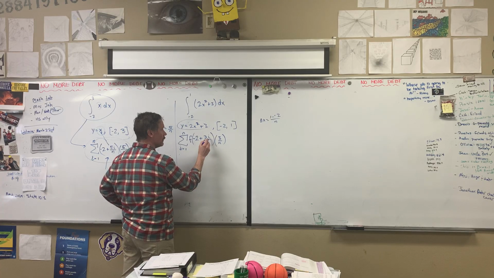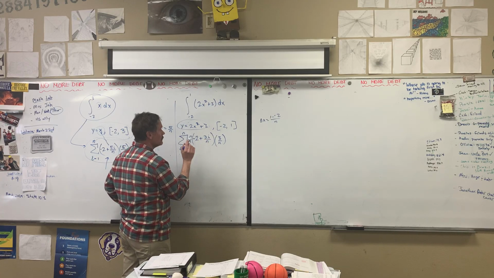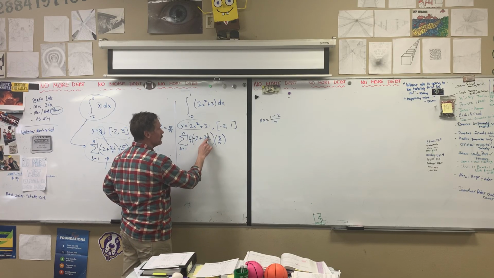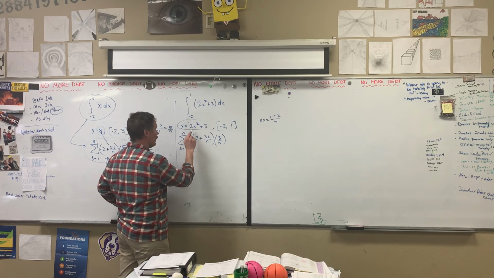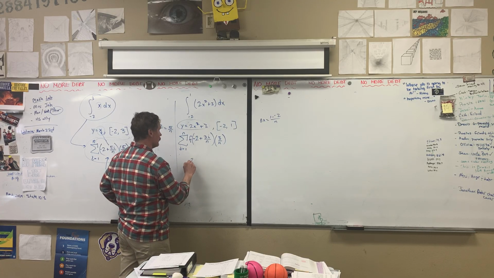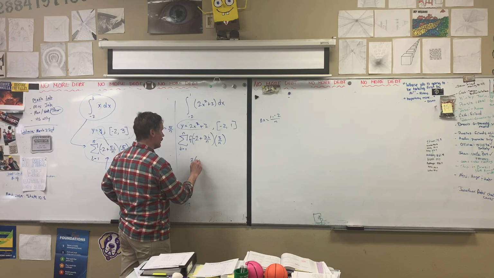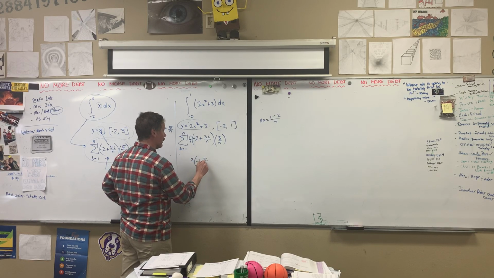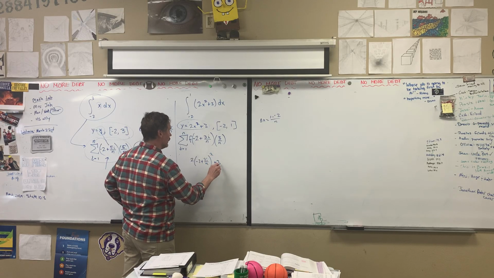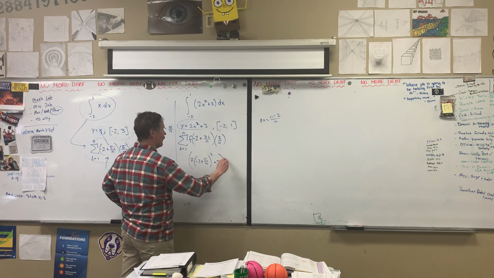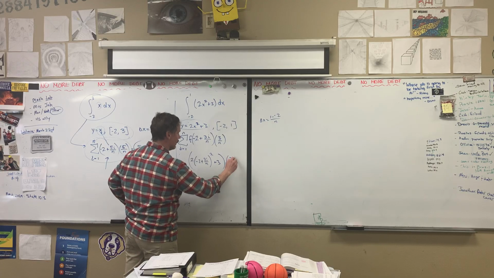But that's not going to give us the final equation. We have to plug that into the function. So it's going to be 2 times (-2 plus 3i over n) squared, plus 3, all of that times 3 over n.